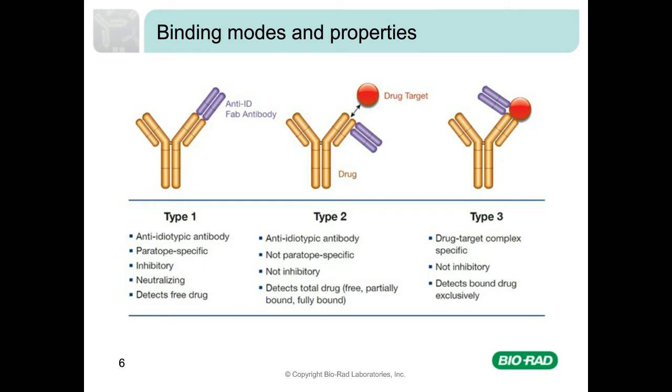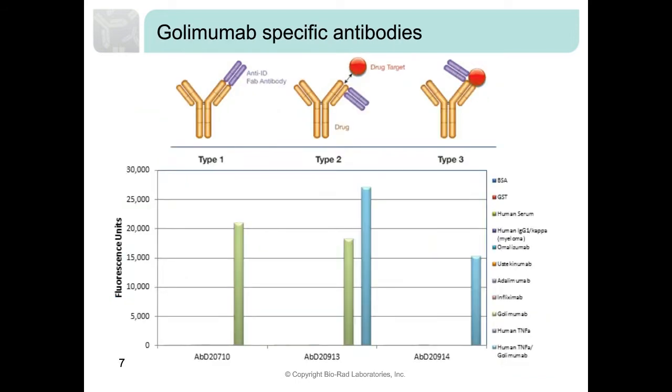The anti-TNF-alpha drug antibody Golimumab is an example where we generated all 3 types of anti-idiotypic antibodies. Specificity was probed by ELISA on Golimumab and TNF-alpha Golimumab complex, and different control proteins, including several antibodies with the same isotype, like, for example, omalizumab and adalimumab, which are also IgG1 kappa antibodies.